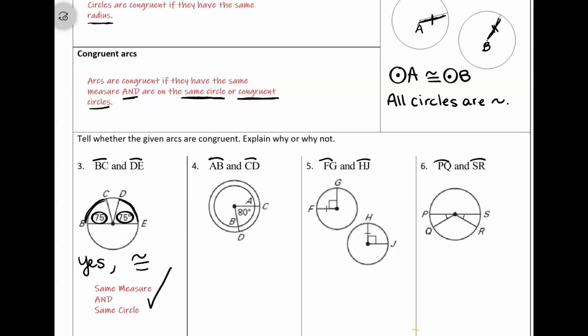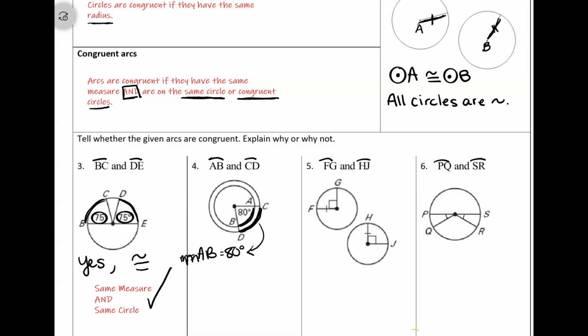Now, question 4 is asking arc AB and arc CD. The reason I make you focus on the word and is for this problem. The measure of arc AB equals 80 degrees. Well, guess what?